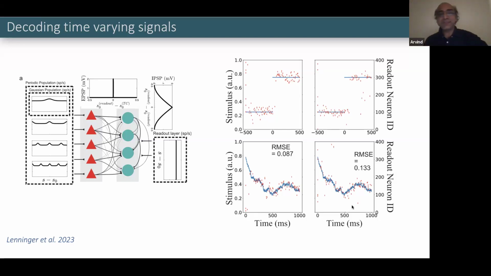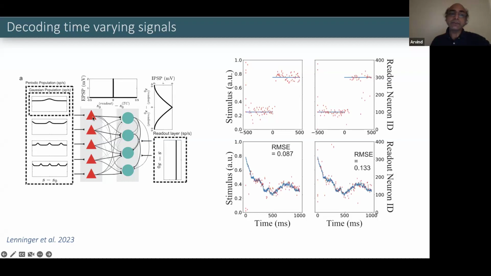Okay. So what we do is that we say there is a stimulus here and there's a step-like change. You have a stimulus with, I don't know, 0.25 orientation or whatever, and here it is 0.75. So there's a sudden change, and what your neurons now have to decode is the value of the stimulus. That's the task. The blue line is the true stimulus, and these red ticks are the estimate from the population.